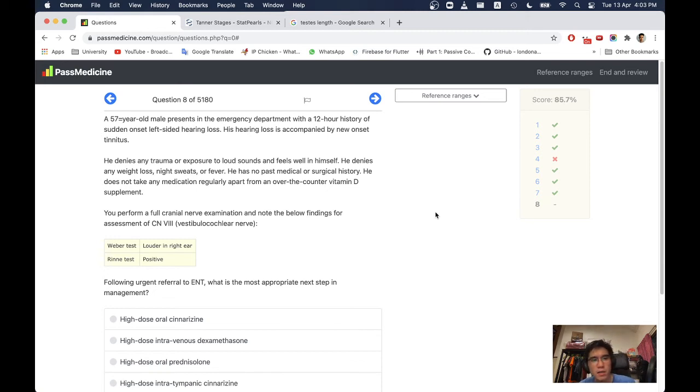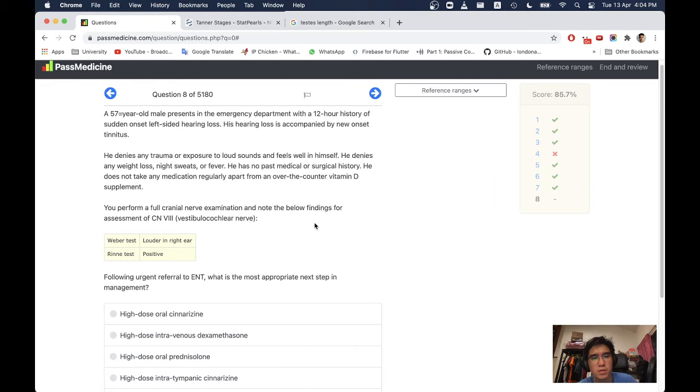And let's look at the clinical picture. 12-hour history, sudden onset left-sided hearing loss. New onset tinnitus. No trauma, no loud sounds. No weight loss, no night sweats, no fever. Acute 12-hour history.